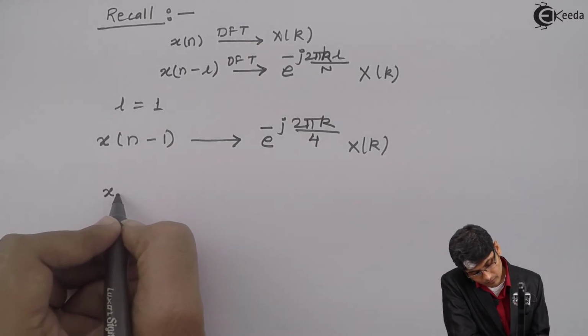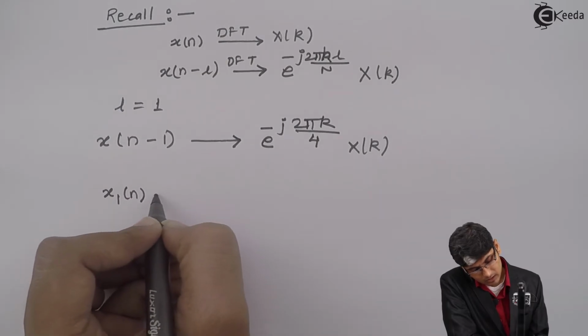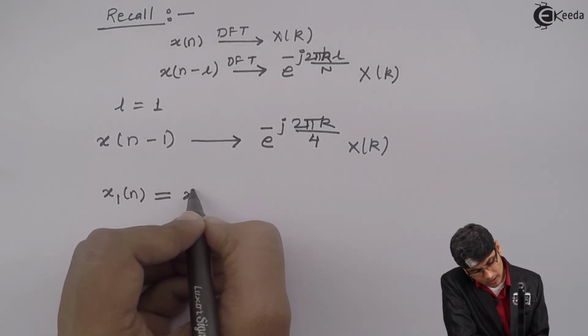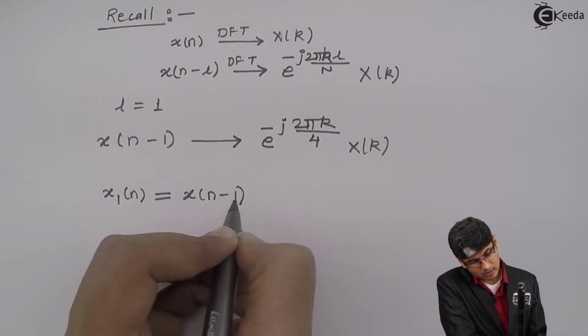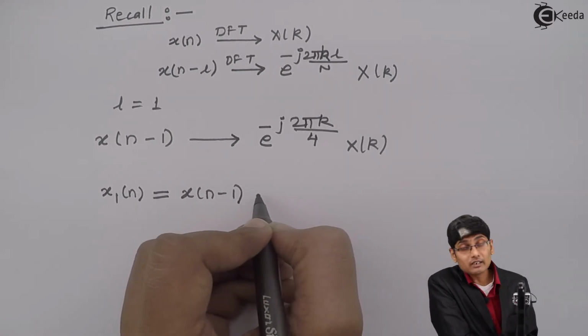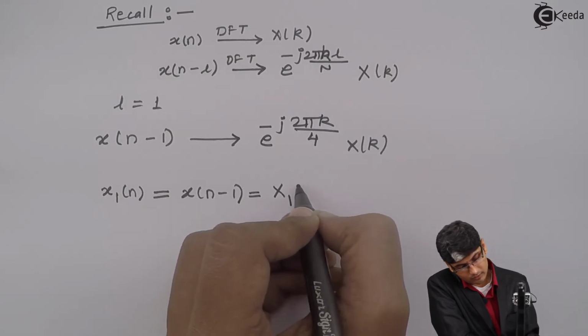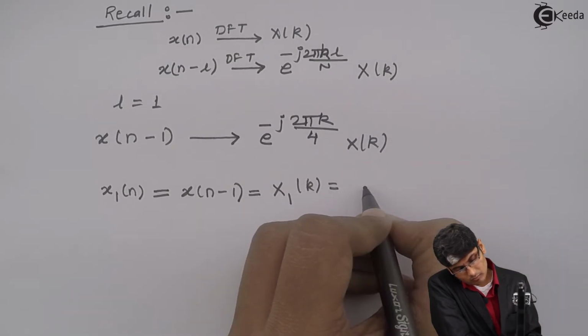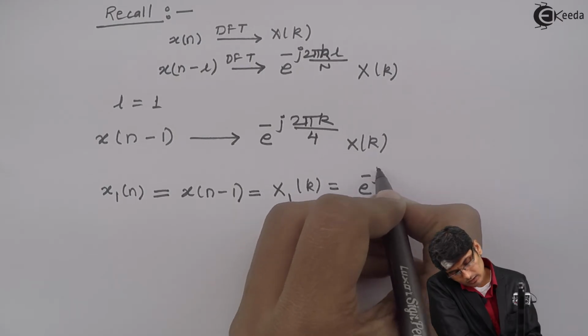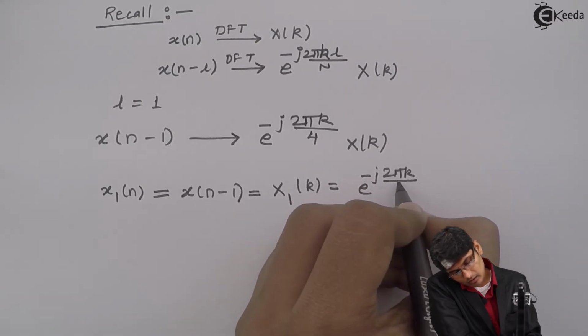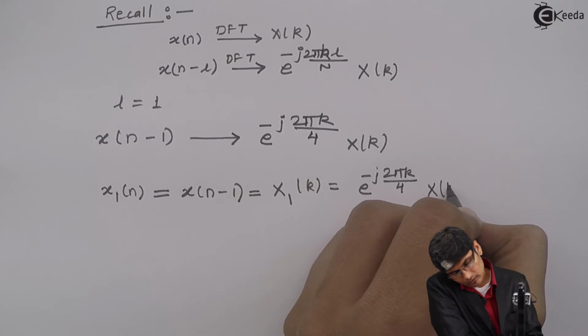So, our x1 of n, which is equal to x of n minus 1, its DFT will be, so I can write it as, x1 of k is nothing but e raised to minus j 2 pi k by 4 times x of k.